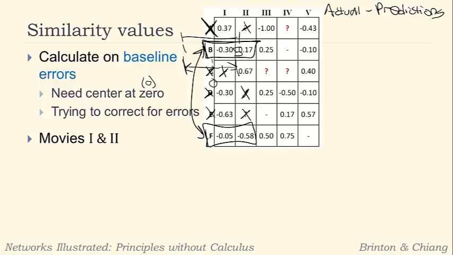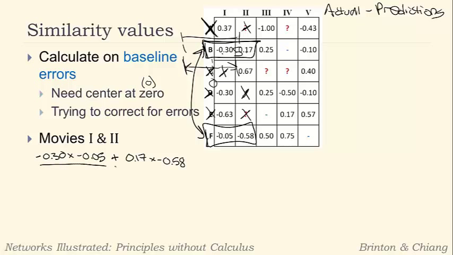So for movies 1 and 2, then we're just going to apply that equation that we had before. We multiply B1 times F1, so we do negative 0.30 times negative 0.05. And then remember, we add the product of the terms. So we do this times this plus this times this. So then we add 0.17 times negative 0.58.